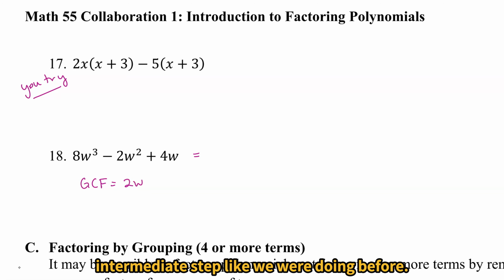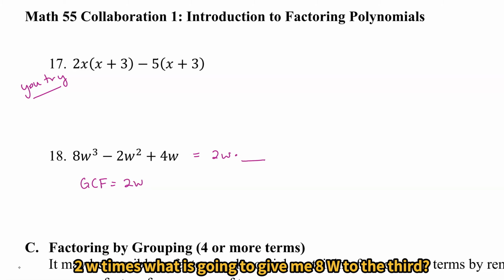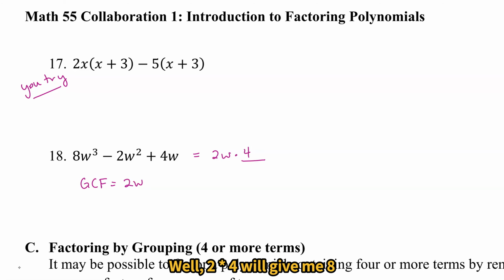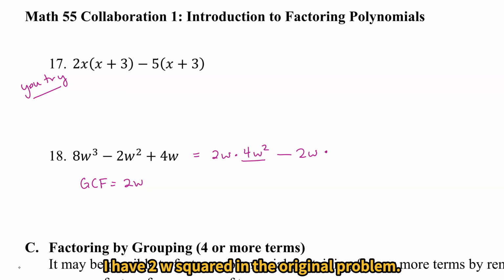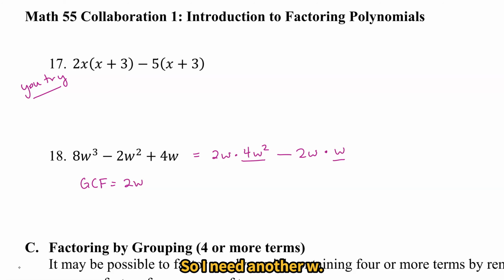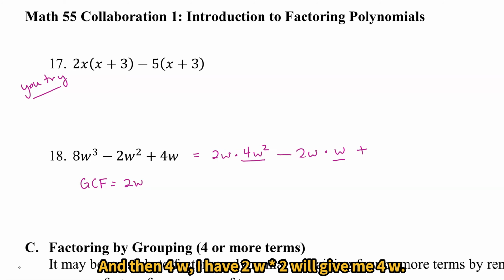Now I'm going to do that intermediate step like we were doing before. 2w times what is going to give me 8w to the third? Well, 2 times 4 will give me 8, and I have 1w, so I need 2 more to get to w to the third. Minus 2w, again that greatest common factor, times, I have 2w squared in the original problem, so I need another w. And then 4w, I have 2w times 2 will give me 4w.